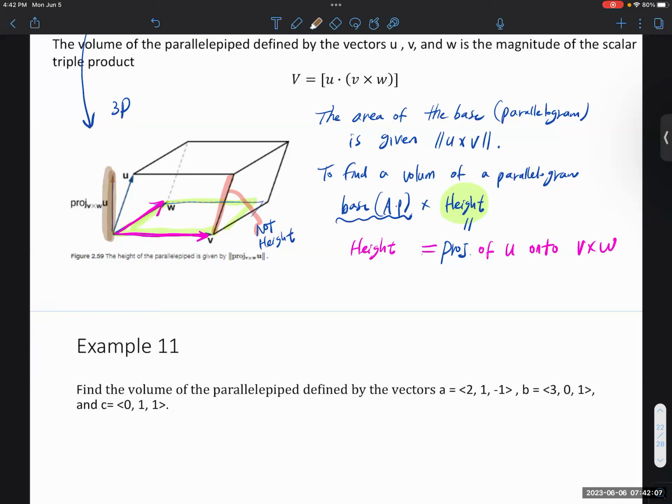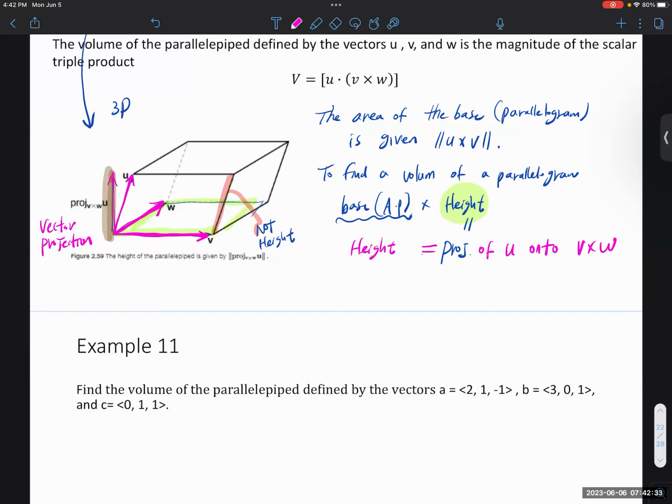So this is the true height, which means this is the projection vector. This is a vector projection. You remember from last time. Onto where? Onto U. So this multiplication of the two onto U, that's going to be the height.